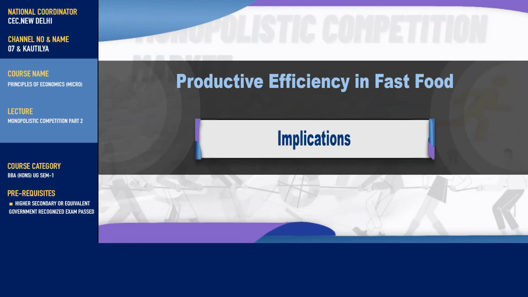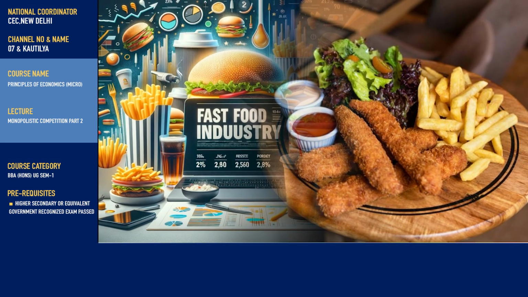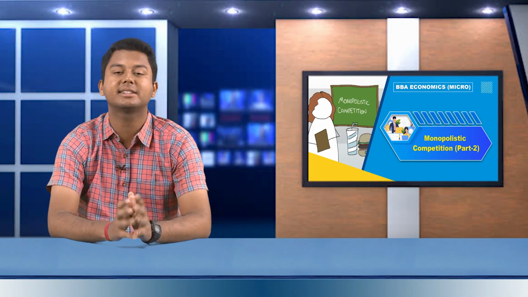They operate below capacity to maintain profitability or higher profits. Let us look at the implications of productive efficiency. The fast food industry does not achieve productive efficiency because firms do not produce at the lowest point of the ATC curve. Instead, they produce at a higher cost due to the market structure and the need for differentiating their products.